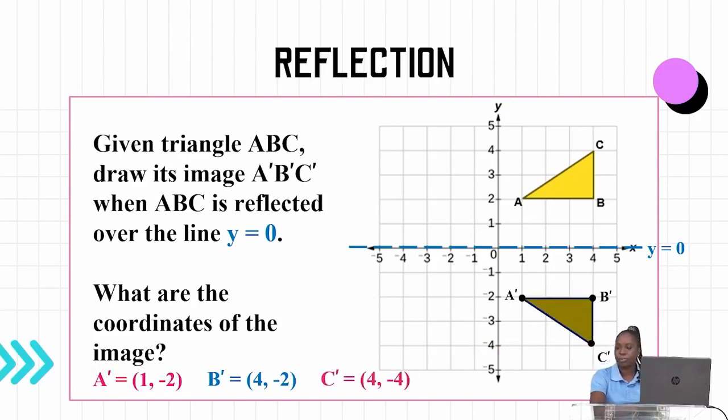Then we will just connect our points. And what do you notice about the object and its image? They are both similar, however, the image is flipped over the mirror line.